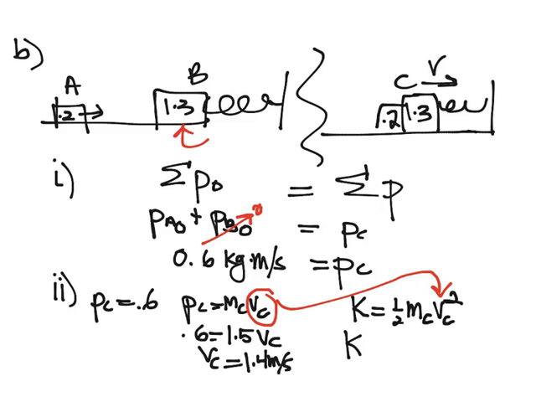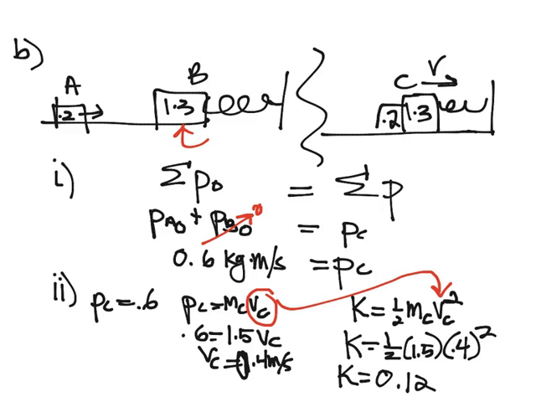Then I can plug that in. I have K equals 1/2. MC is 1.5 times, sorry, this is 0.4, 0.4 squared. Okay, and when I do that out, I find K is equal to 0.12 joules. Okay, does this make sense?